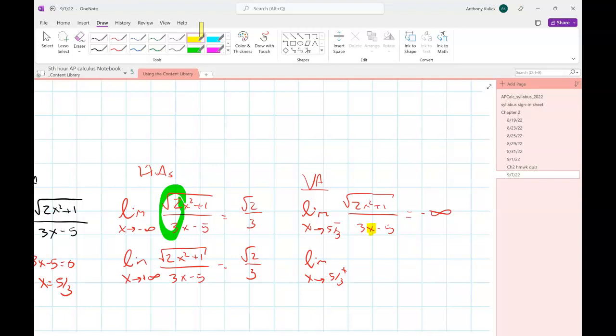But it's going to be really, really small because it's just a little less than 5/3. So you're going to end up with a really, really small negative number, or a negative number really, really close to 0. Let me put it that way. That's maybe a little bit more clear.